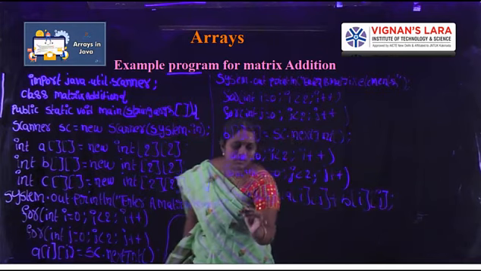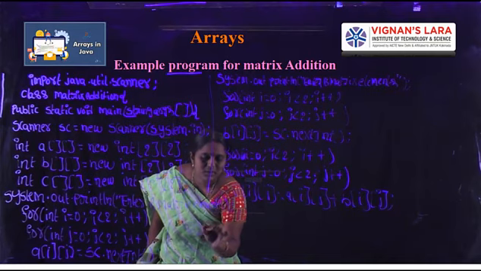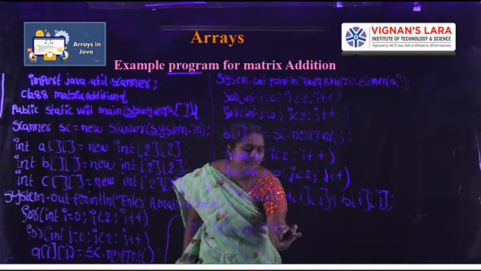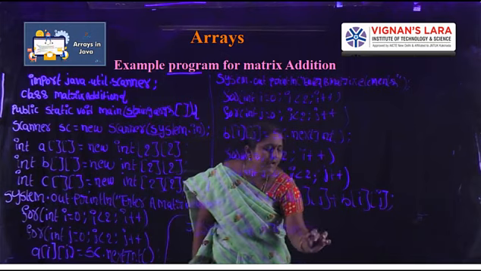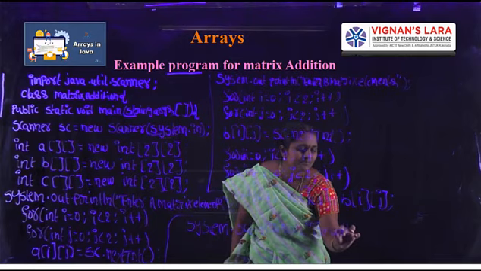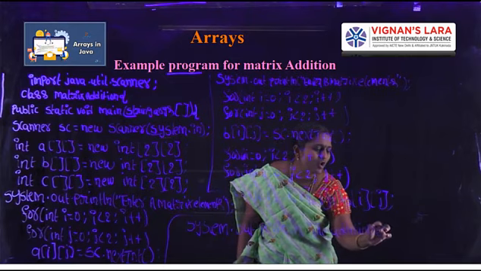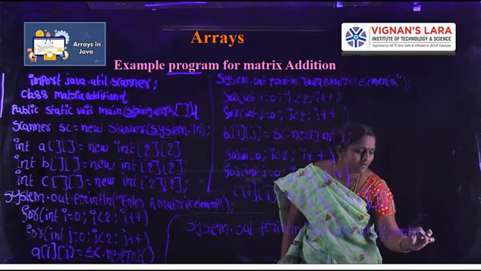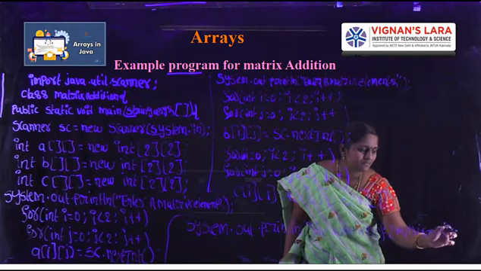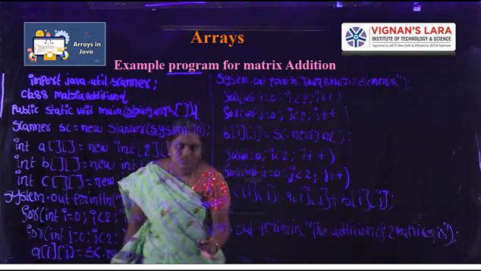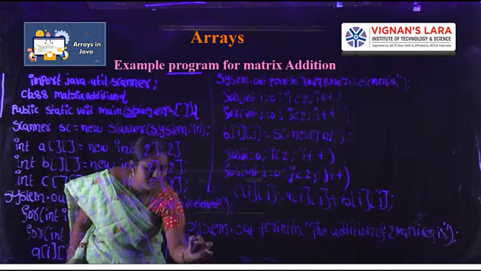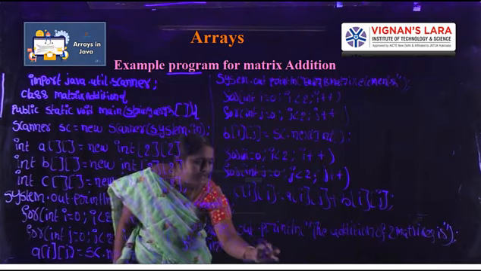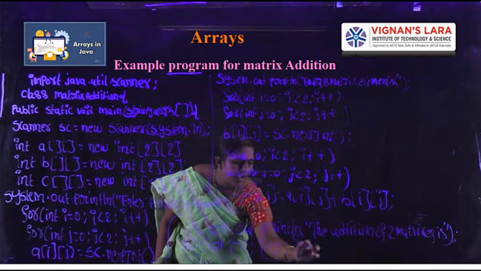Next I am writing System.out.println: the addition of two matrices is. Then for int i equal to 0, i less than 2, i plus plus.